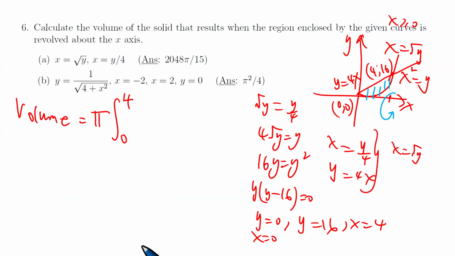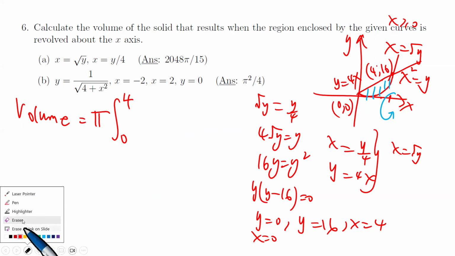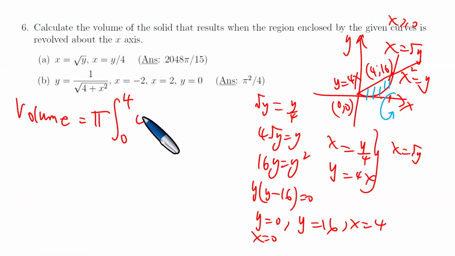So there's going to be something we call the outer radius. The outer radius, because if you look at this here, the distance here is going to be the outer radius, which is going to be the straight line squared, minus the inner radius, which is going to be exactly x squared. If you integrate with respect to this particular axis, the outer radius is going to be exactly 4x minus 0, squared.